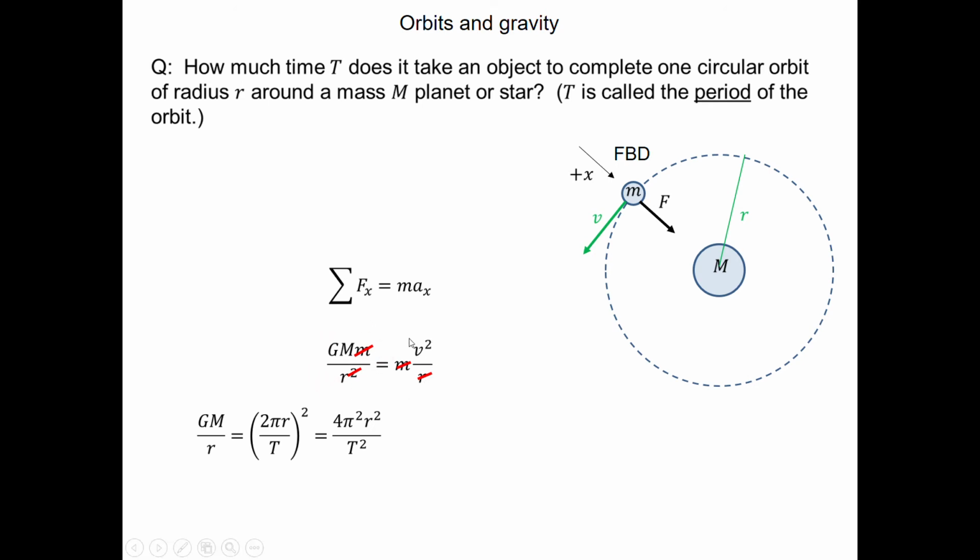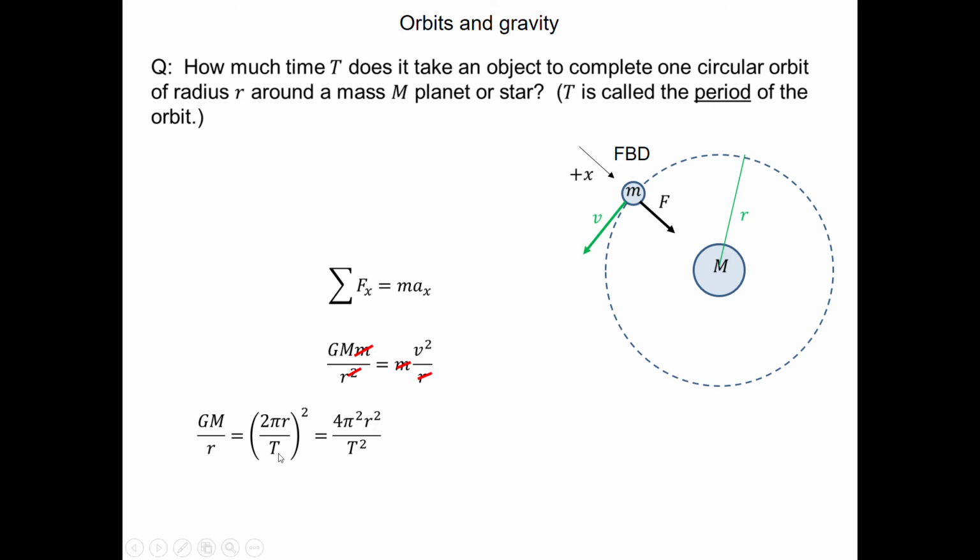On the right-hand side, we have a v squared, but we don't want to know v this time. We want to know the period, and so I'm going to use the old distance over time trick here. I didn't really write it out explicitly here, but this in parentheses here is our v, and I'm going to replace that v. Remember, we can calculate v as long as v is constant using any distance divided by the corresponding amount of time.